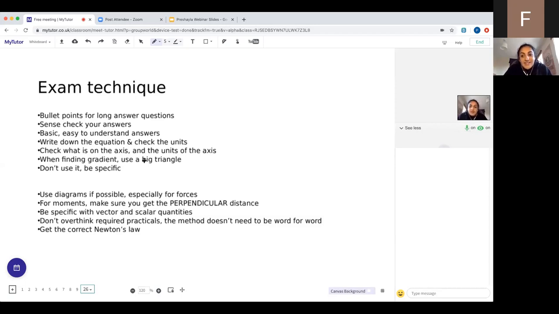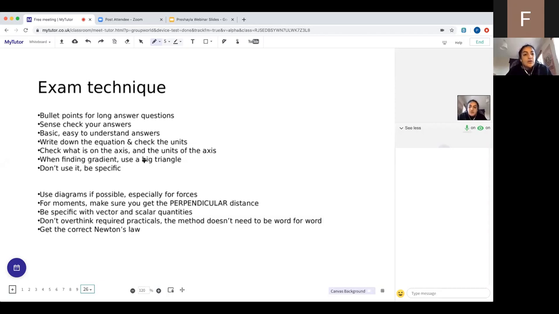Next point is to sense check your answers. Sense checking is this idea of using your real life conceptions to help you sense check your answers. So let's say you're working out the speed of a really, really fast runner.